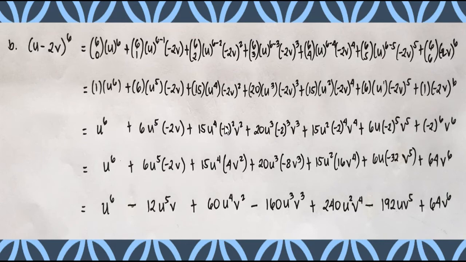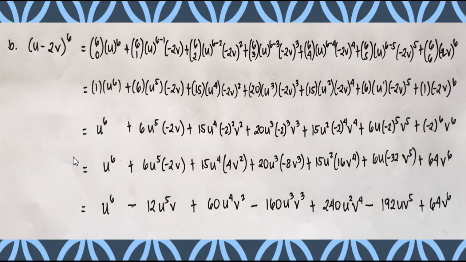So it must be in parentheses, times v squared, plus 20 u cubed times negative 2 quantity cubed times v cubed, distributing the cube. Plus 15 u squared times negative 2 to the power of 4 times v to the power of 4, plus 6 times u times negative 2 to the power of 5, v to the power of 5, plus negative 2 to the power of 6 times v to the power of 6.